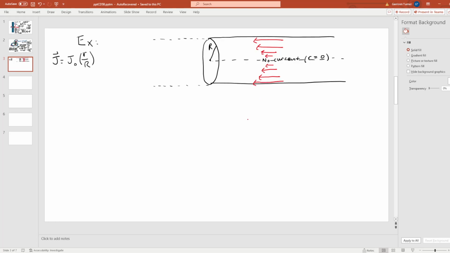Okay, so my current distribution gets larger as I get toward the surface of my wire. Okay, that's what this particular current distribution is showing you.